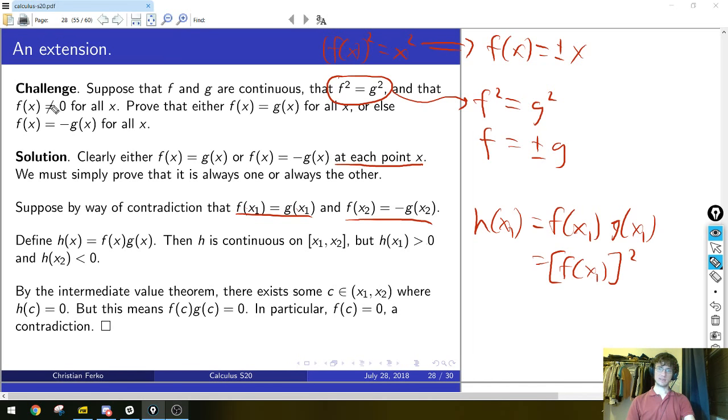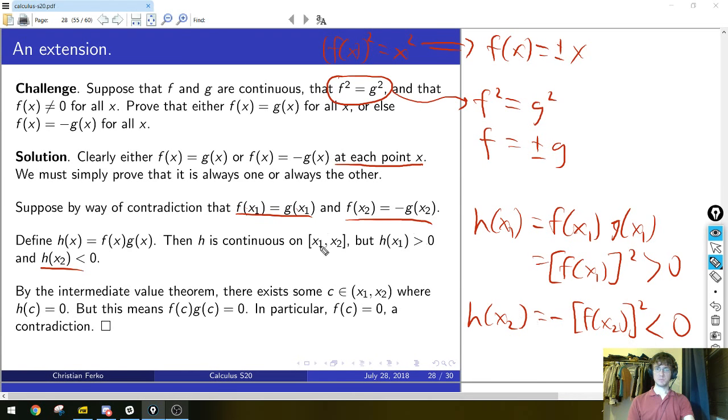And f of x1 is never 0, so the square of a non-zero number is positive. So here it's positive. At x2, f is minus g, so h of x2 is minus f squared. And f is never 0, so minus the square of a non-zero number is negative.